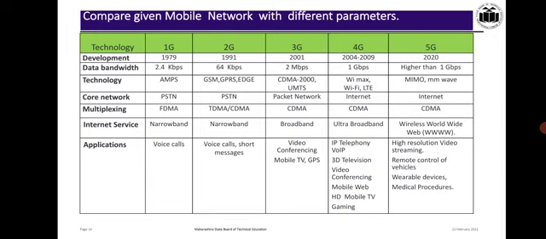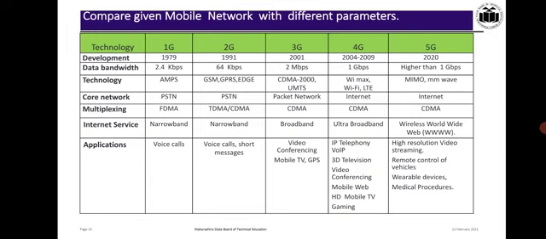Internet service. 1G provides narrowband services. 2G provides narrowband. 3G provides broadband services. 4G provides ultra broadband services. And 5G provides wireless World Wide Web internet services. And the last comparison point is the application. The first generation is used in voice calls. The second generation was used in voice calls as well as short messages.